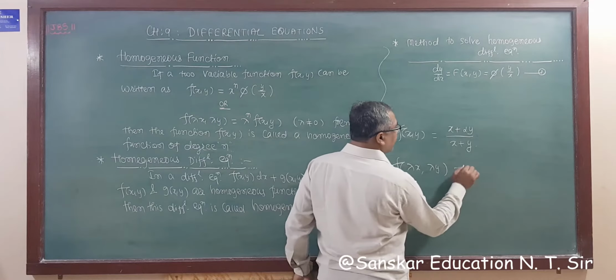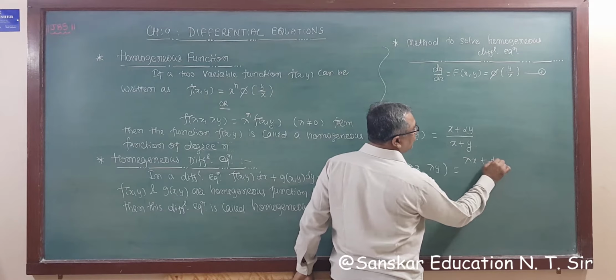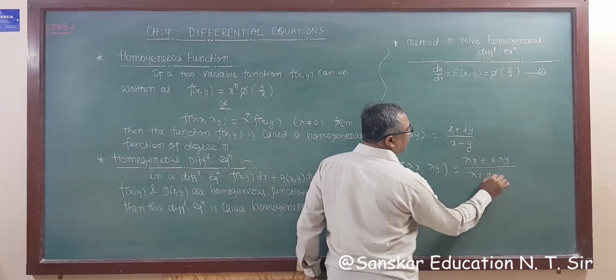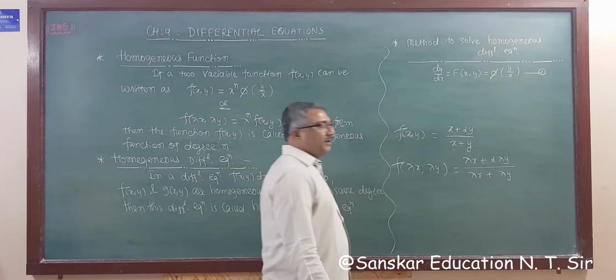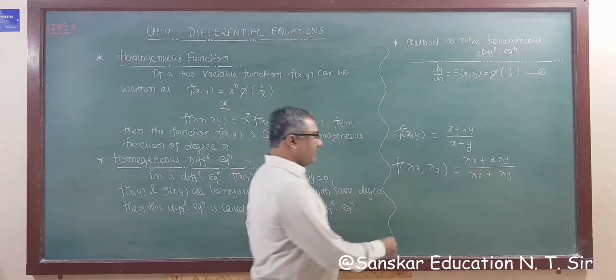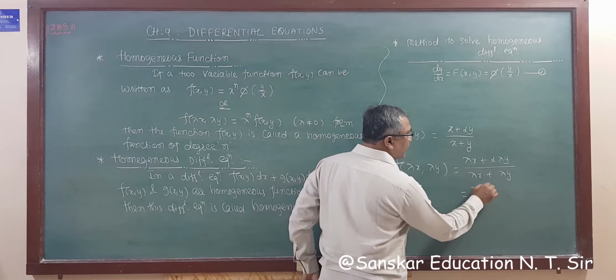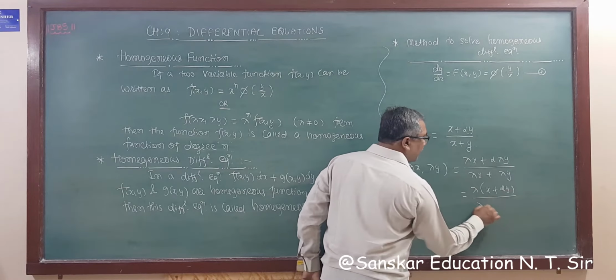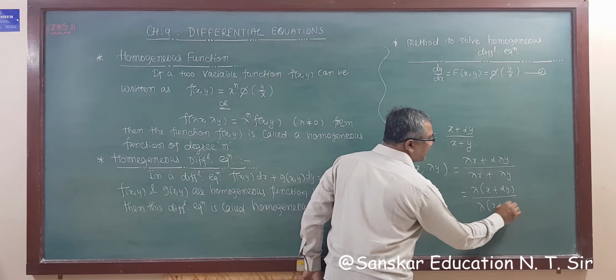So I'm writing here lambda x plus 2 times lambda y whole upon lambda x plus lambda y. Now taking lambda out from numerator as well as denominator, lambda times x plus 2y whole upon lambda times x plus y.